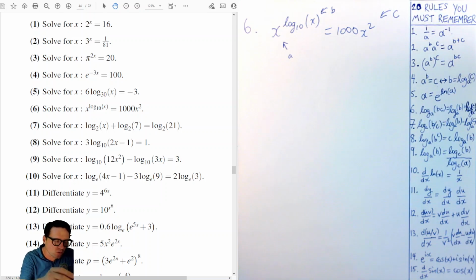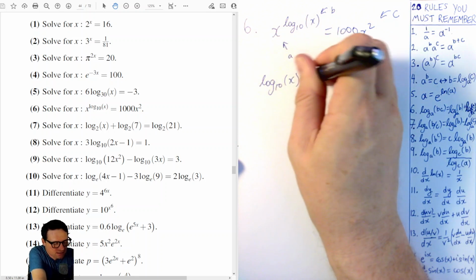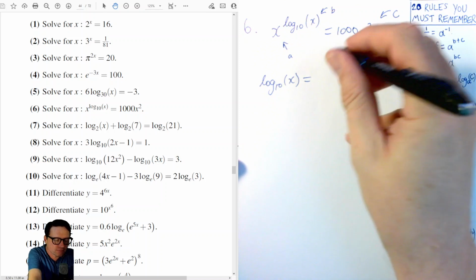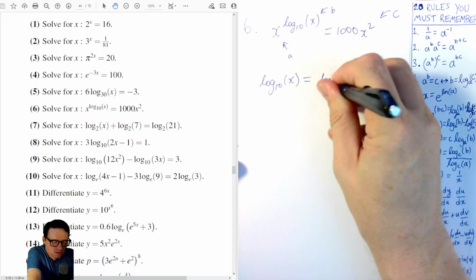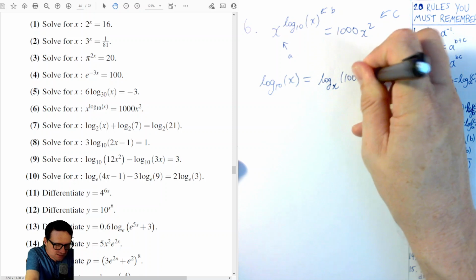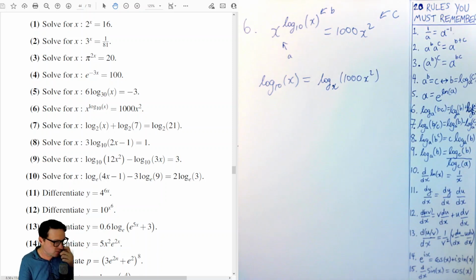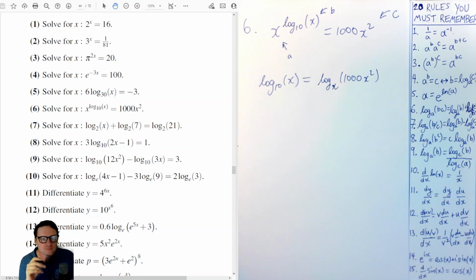Okay, and so let's swap forms here. So this would say log to base 10 of x equals log to the base x, log base x, 1000 x squared. All right, so now we've changed to the log form of this equation, but it looks just as complicated, right? And so now what we want to do first is use the rule that says that the log of the product is the sum of the logs.